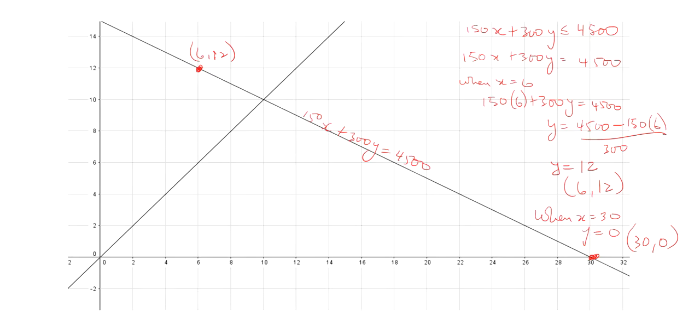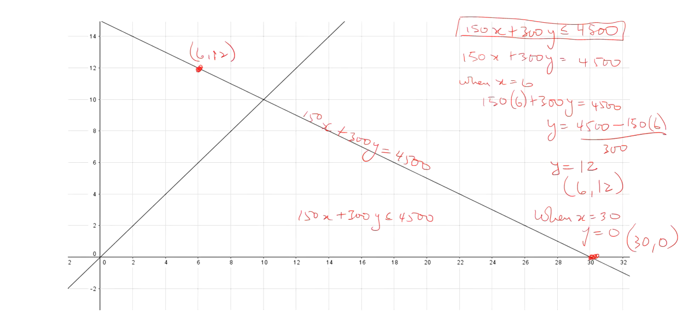Right, and again we need to shade the correct region. So the inequality is 150x plus 300y is less than or equal to 4500.